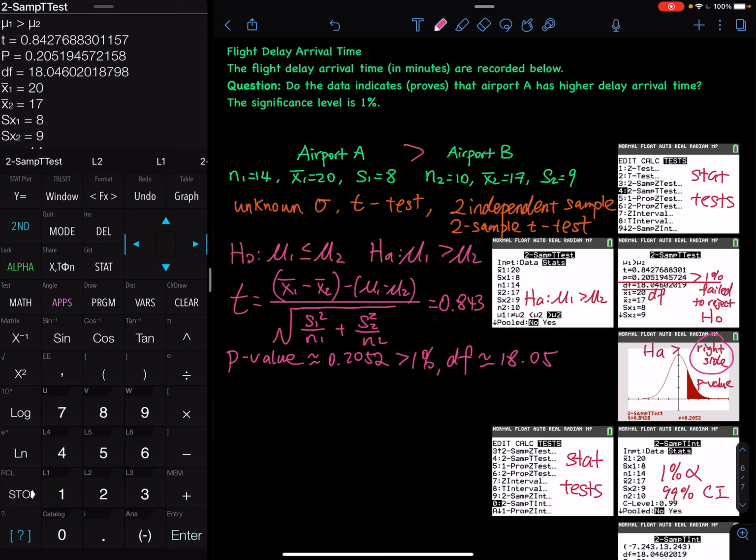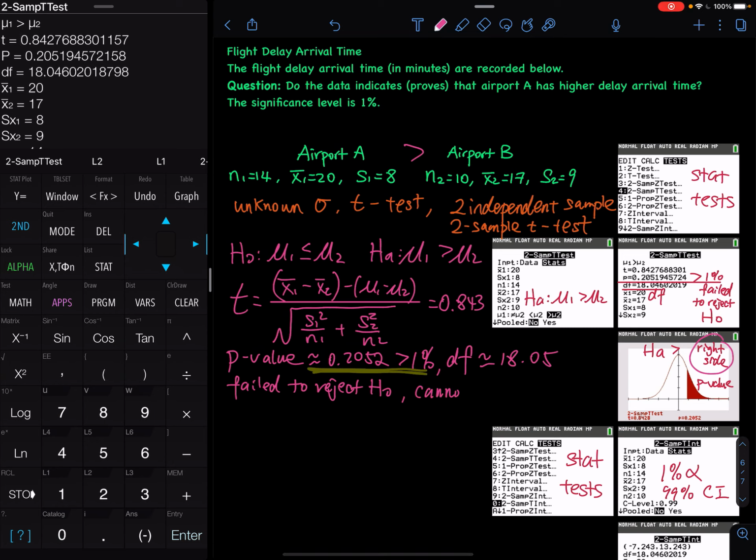All right. What's the conclusion? The conclusion is we fail to reject H0, because the p-value is greater than alpha. So since the p-value is greater than alpha, we fail to reject H0. And what do we say? We fail to reject H0. That means we cannot prove HA is true.